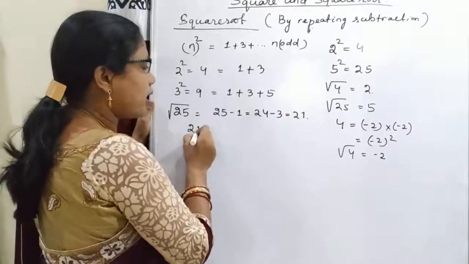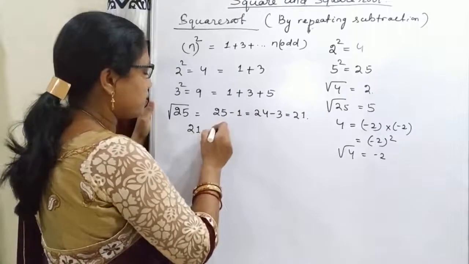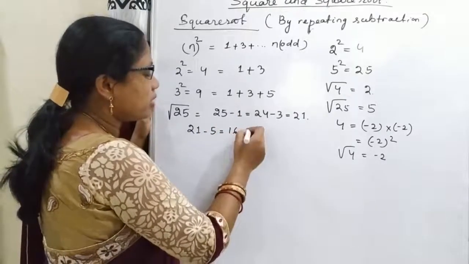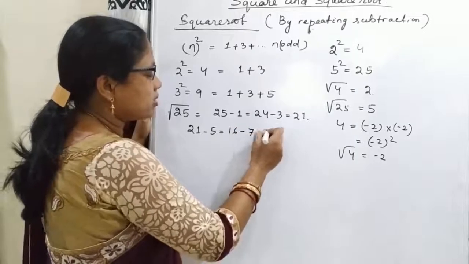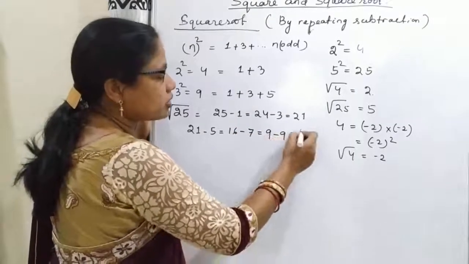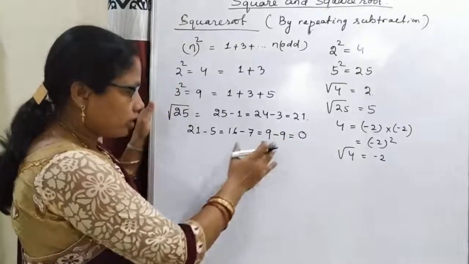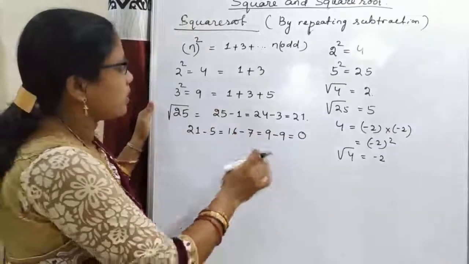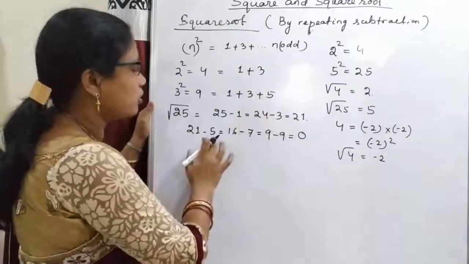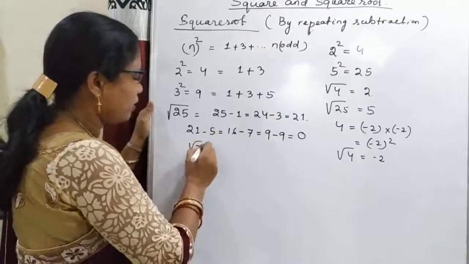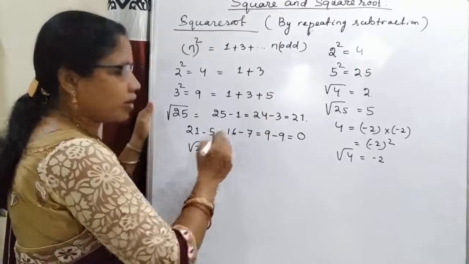Then 21 minus 5 is equal to 16. Then next number is 7, this is equal to 9. Then next odd number is 9, so this becomes 0. Here we count how many odd numbers we have subtracted: 1, 2, 3, 4 and 5. So the square root of 25 is equal to 5.